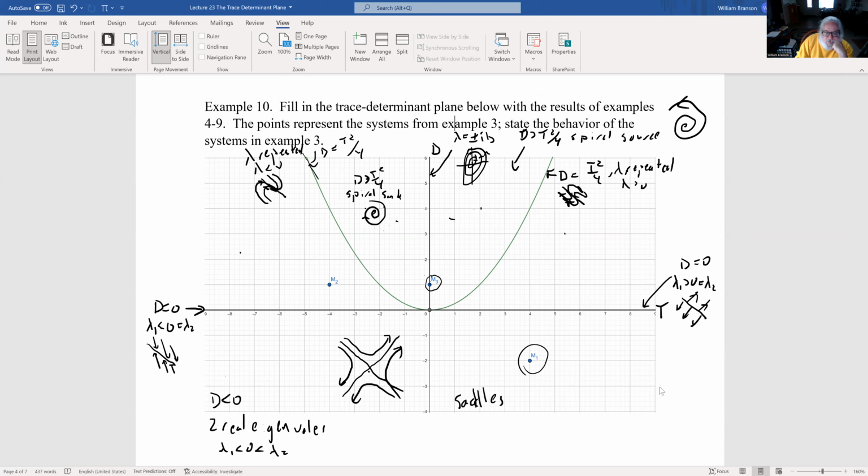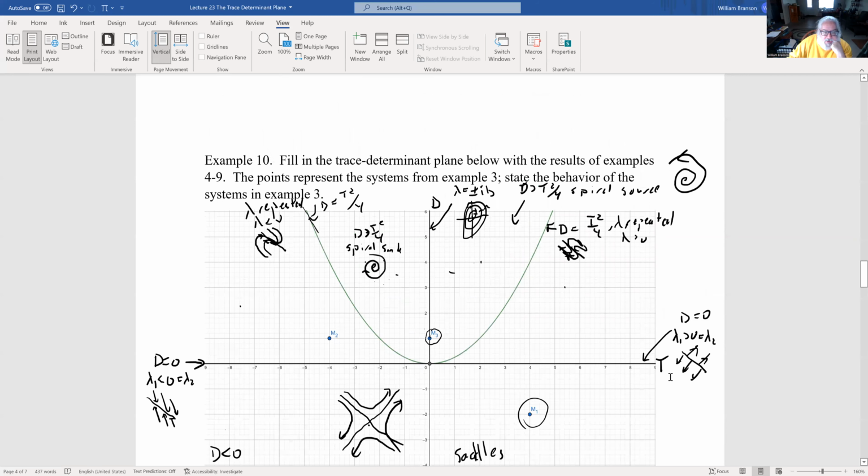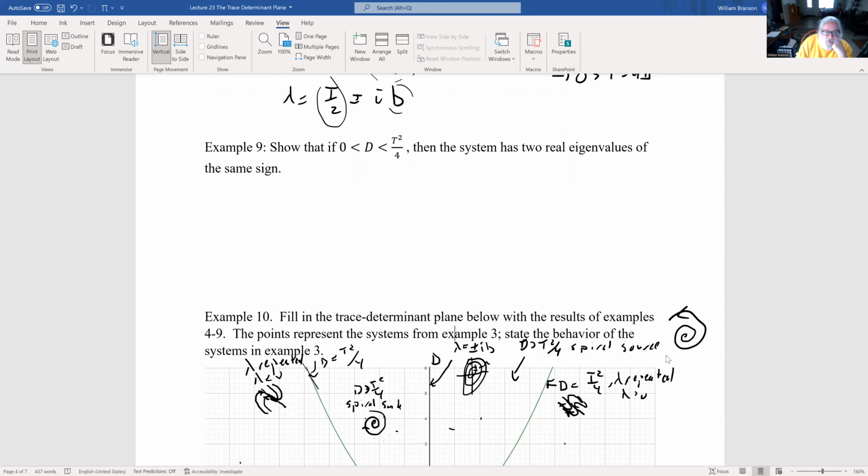And then the last two regions, on the left and the right. If d is between 0 and t squared over 4, then t squared minus 4d is positive, but the square root of it is going to be less than t.